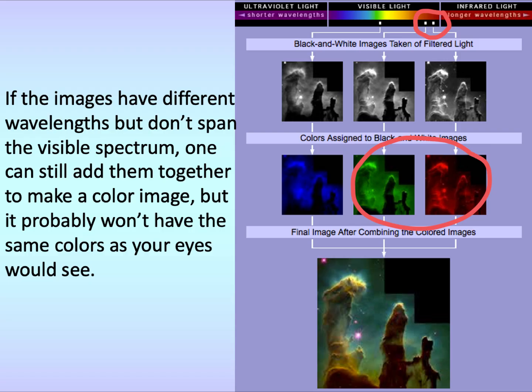A third photo was taken in the green part of the spectrum, but colored blue. The images were then combined to make what is called a false color image. So this image is not what you would see if you could fly to this nebula and look at it directly.